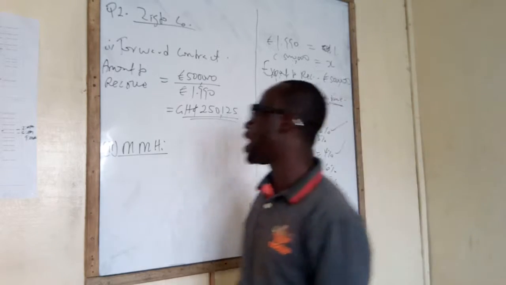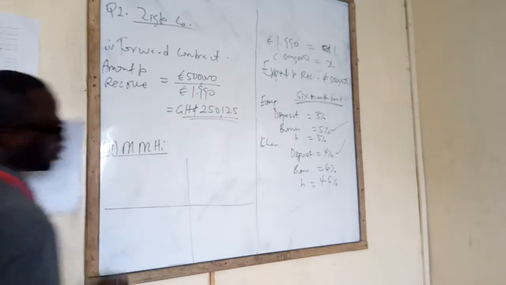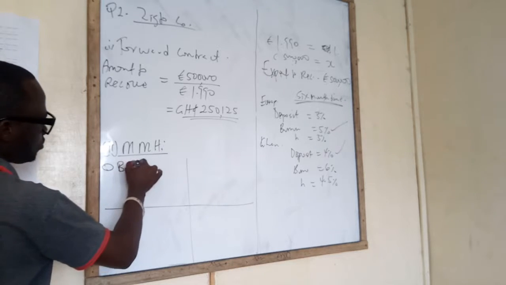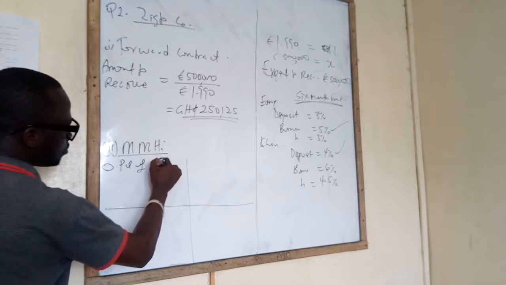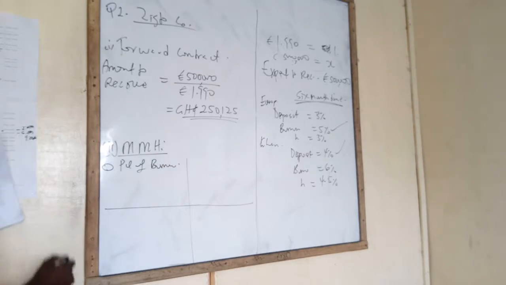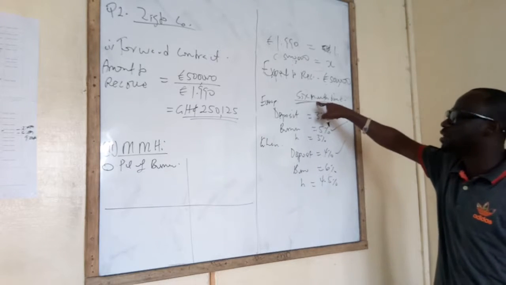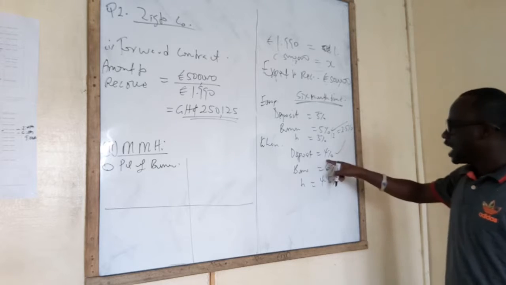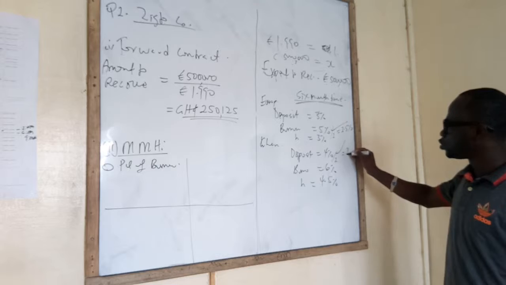So how do we go about that? I think I put a table up like this the last time. So stage 1, the present value of the amount to be borrowed. Now, this rate is per annum, but we are dealing with 6 months, so we divide it by 2. That will be 2.5.